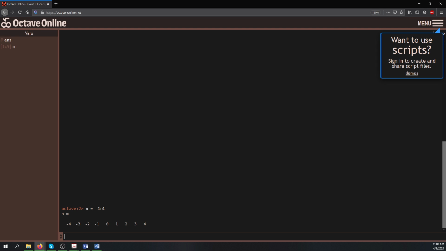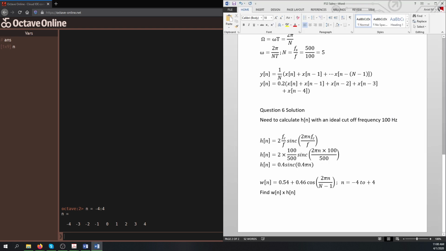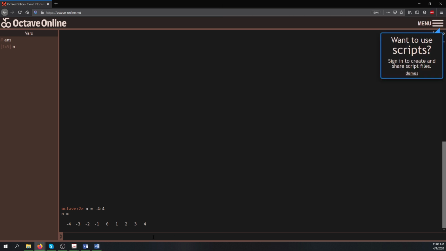Right, then our equation for h of n was 0.4 sinc of 0.4 pi n. Because n goes from negative 4 to positive 4, we can't use that n index here, because Octave won't allow us to represent this with negative indexes.